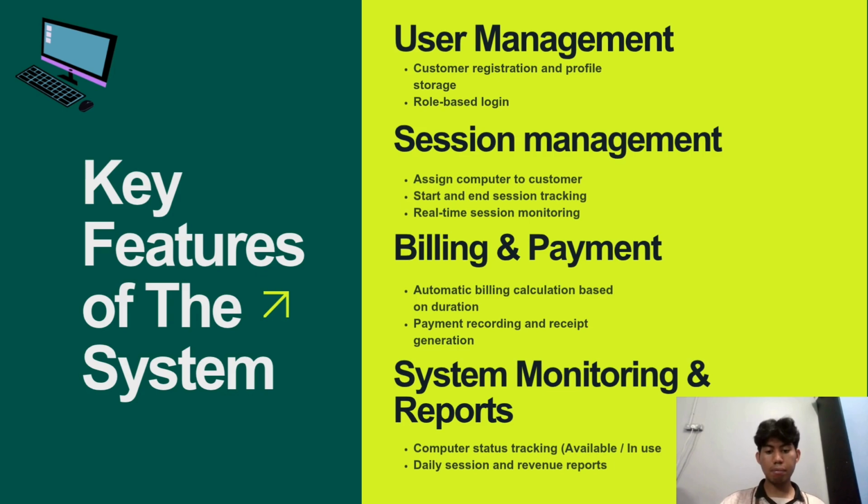Third is billing and payment. The system automatically calculates the total cost based on usage duration, and payments are recorded in the system. Lastly, the system provides monitoring and reporting features. Admins can check computer status and generate reports such as session records and total revenue.